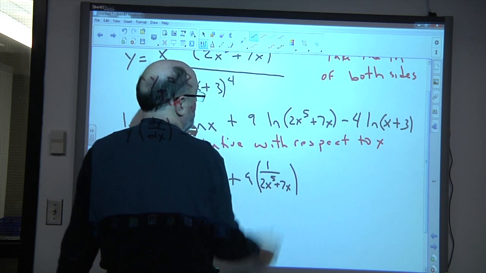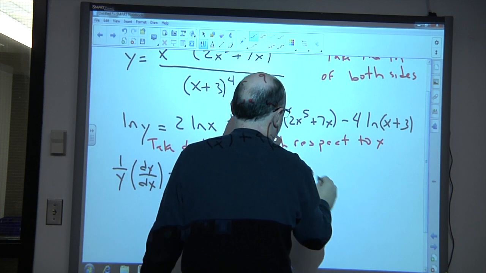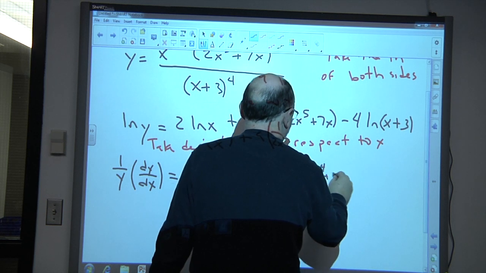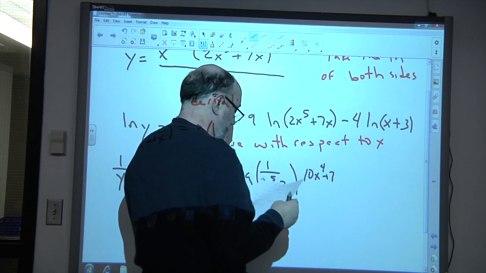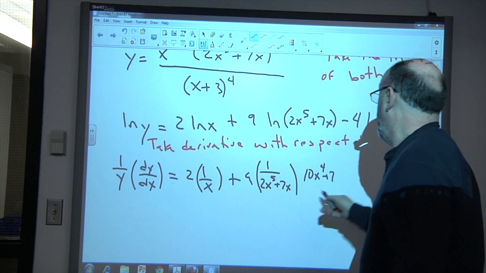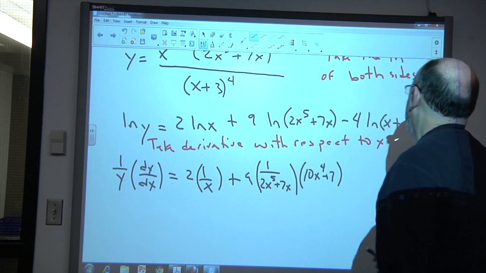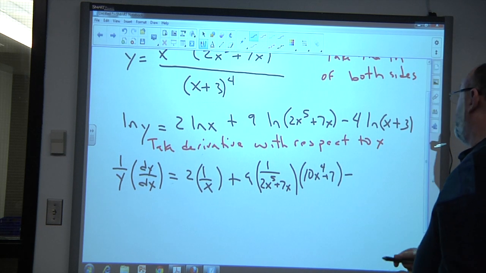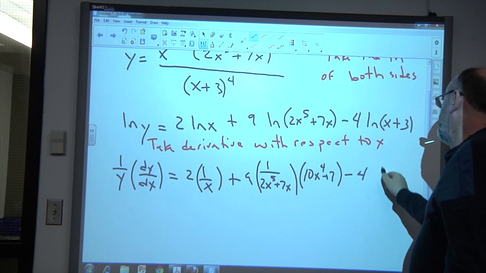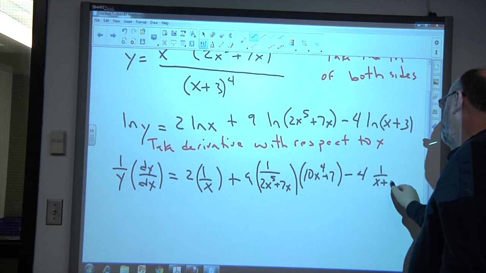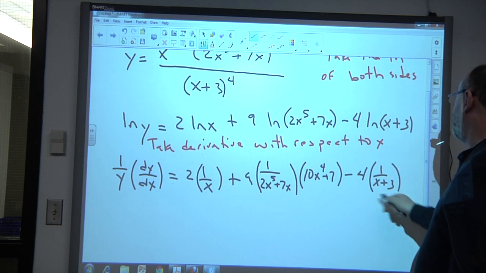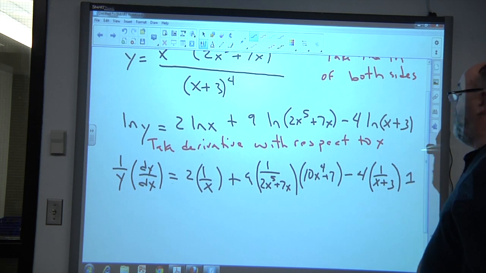And then the derivative of this piece is 10x to the 4th plus 7. Minus 4 times 1 over x plus 3, and then the derivative of x plus 3 is 1.